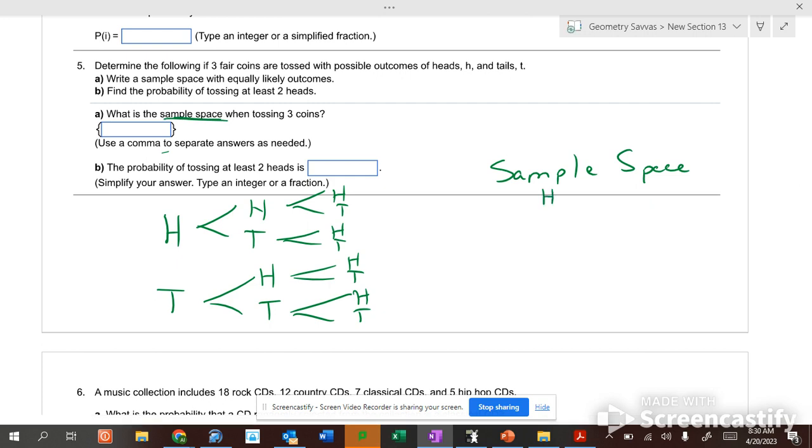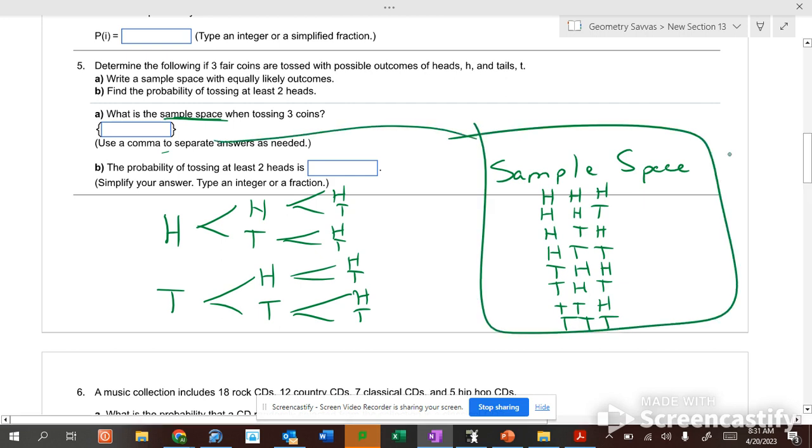You could get all 3 heads, or you could get 2 heads and a tails, or we go heads, tails, heads with the next one, or heads, tails, tails, or tails, heads, heads, or tails, heads, tails, or tails, tails, heads, or tails, tails, tails. Okay? This is my sample space. So when you're asked for a sample space, that's what you write.